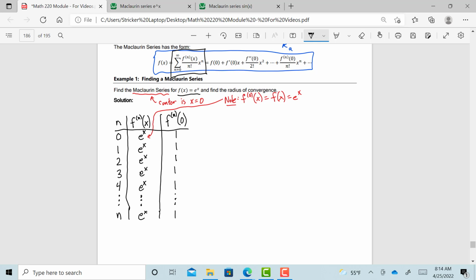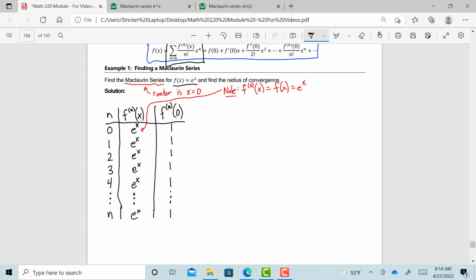And so remember, if you want to find a Maclaurin series, you want to find a power series representation for our function. And in this case, our function is f of x equals e to the x.